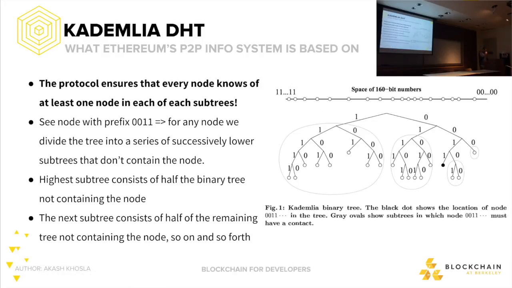So the protocol ensures that every node knows there's at least one node in each of the subtrees. And what are the subtrees? Let's walk through an example.